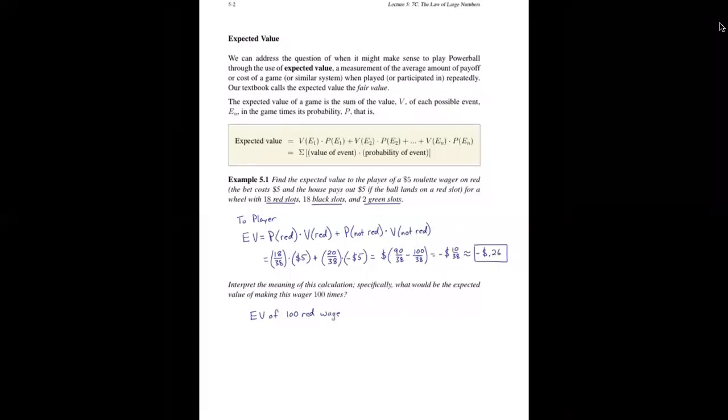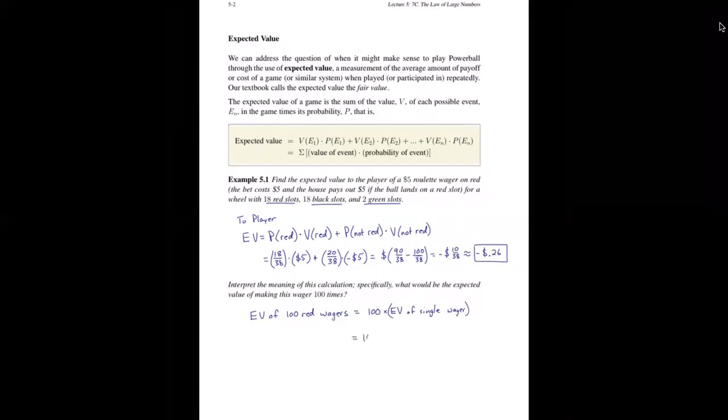Well, if that's the case, we just scale up our expected value by 100. In other words, we multiply 100 times the expected value of a single play, and that's negative 26 cents, single wager.